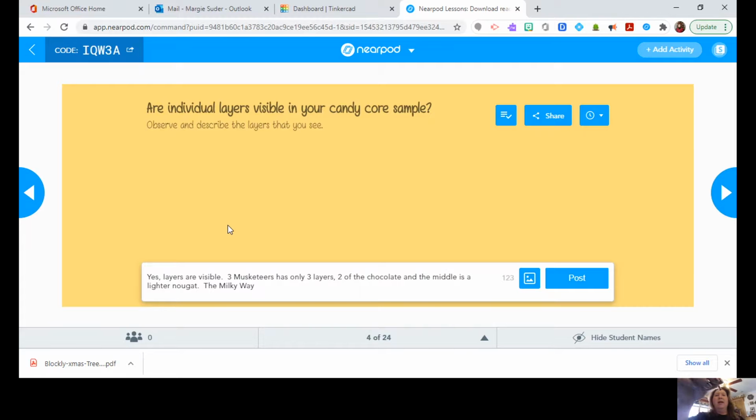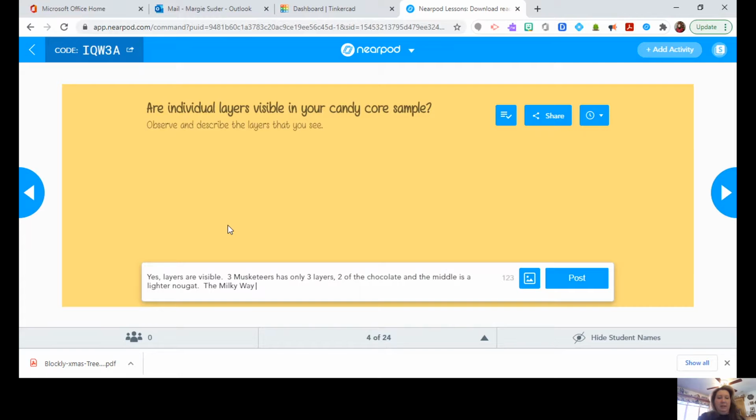Okay, now my Milky Way, it has 1, 2, 3, 4 layers. It looks like chocolate, caramel, nougat, and chocolate.